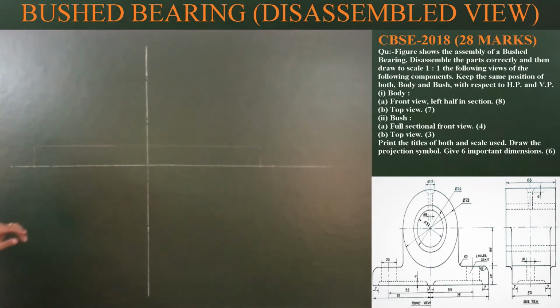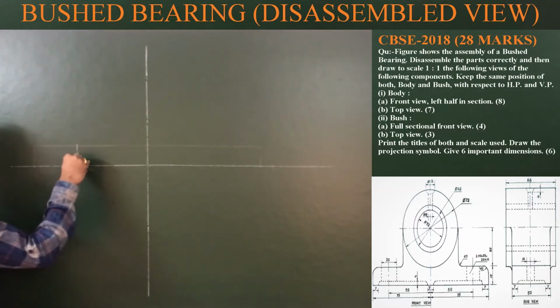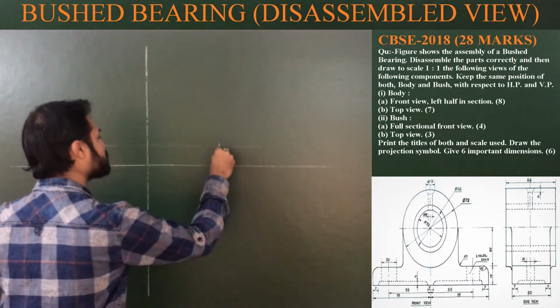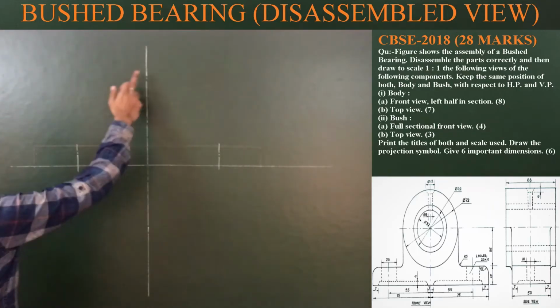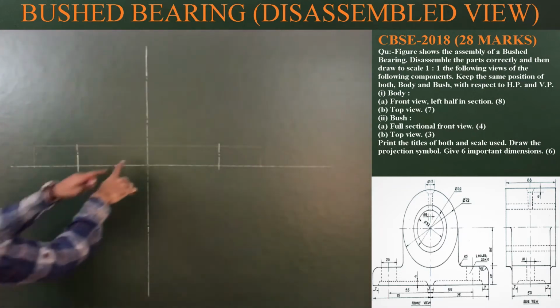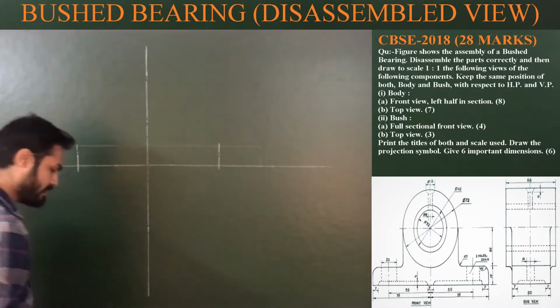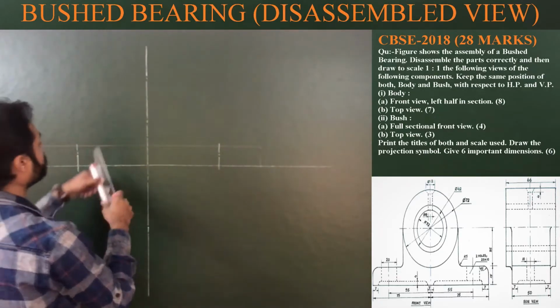Now from these two points, draw the axis of the bolt hole like this, and then mark the center of the cylindrical portion of the bush. So from this point the height is 35, or 50 from this point.